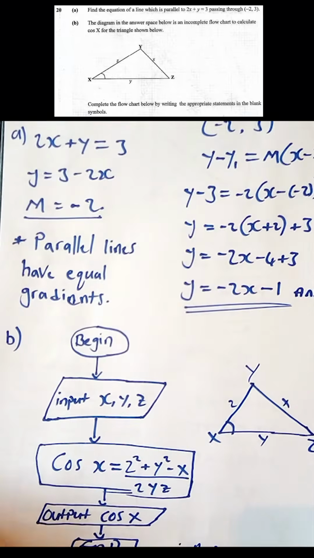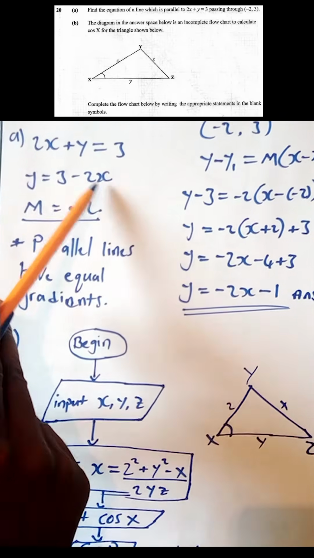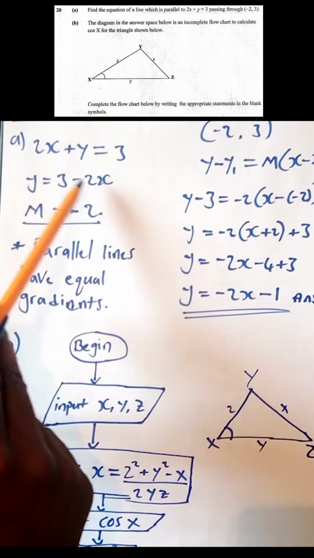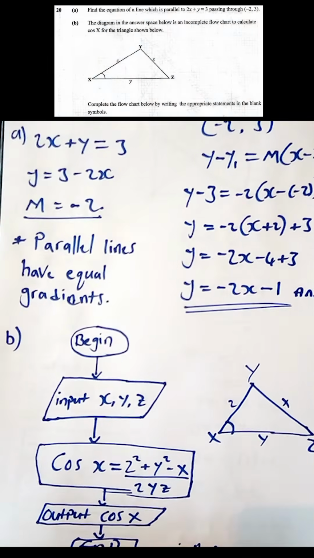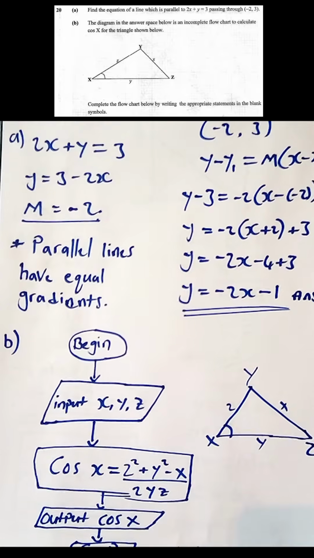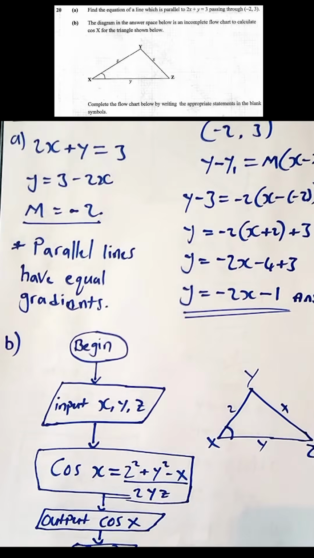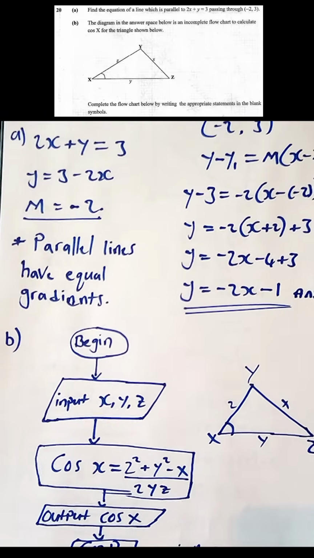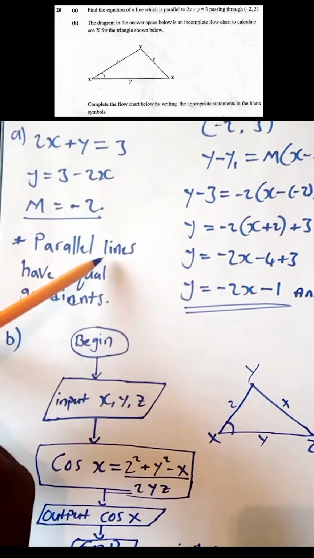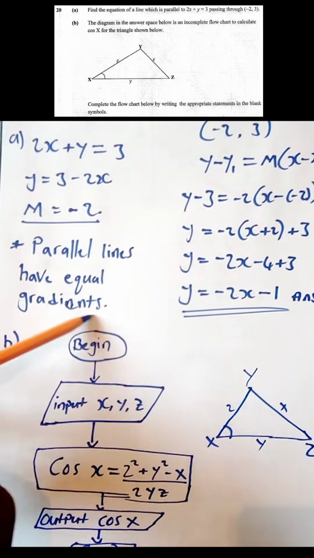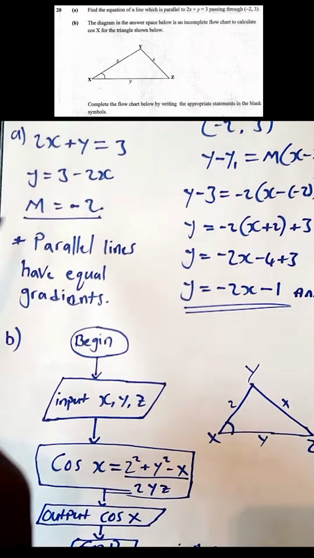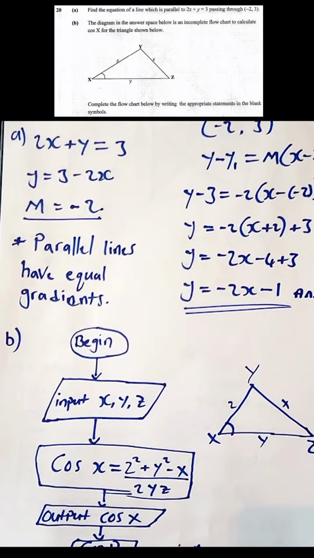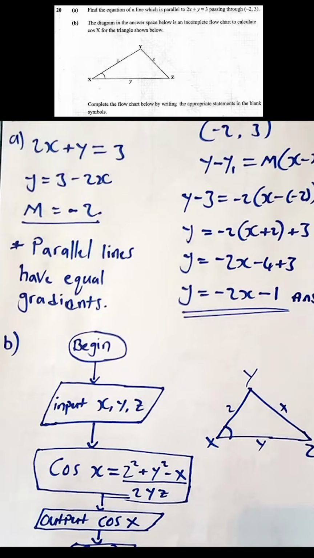Whatever coefficient of x, after making y the subject of formula, the coefficient of x will be your gradient, which is negative 2. Now we are told this line is parallel to the line which we have to find. And parallel lines have equal gradient. So even the line that we want to find, its gradient is also what? Negative 2.